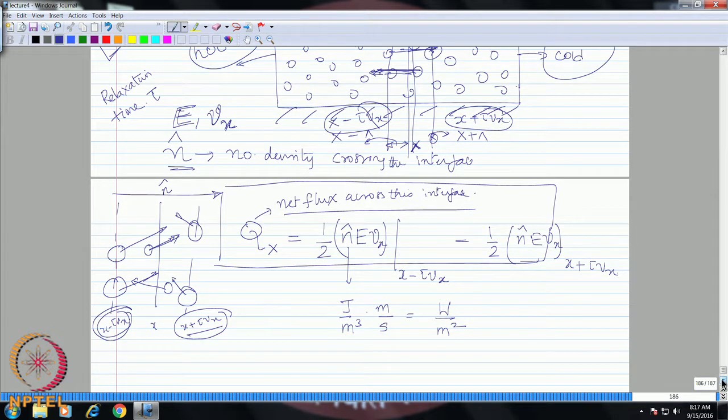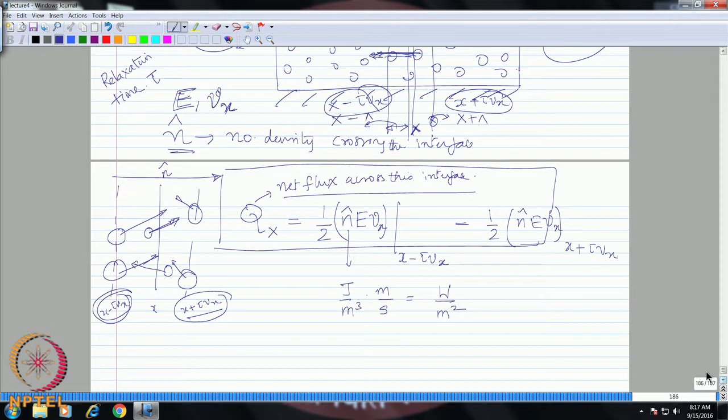Now, from this what we can do is that we can use the Taylor series approximation. Therefore, we can write down the flux of energy at the point x plus tau Vx in terms of the flux at x, right. Similarly, we can estimate the flux of the molecules at x minus tau Vx from the flux at x, right.